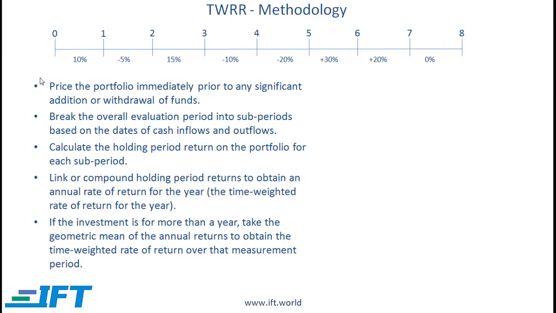And let's say that these top 3 items are done for you, which is to price the portfolio immediately prior to any significant additions or withdrawal of funds. We are saying that all these significant additions and withdrawals are happening at the end of every period. Break the overall evaluation into sub-periods based on the dates of cash inflows and outflows. So we have defined these as our sub-periods.